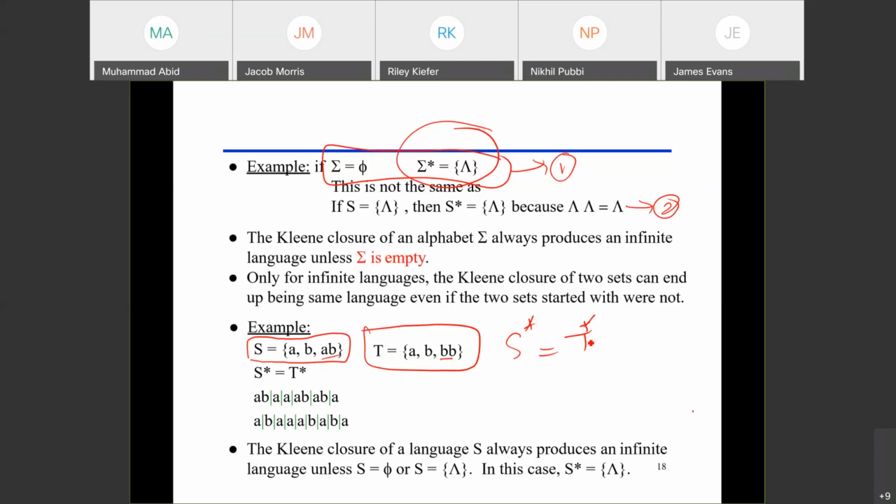S star is equal to T star. They both represent the same language. Now, how can we prove that? We are not saying that this will be the case every time. We are saying that this might be a case. Okay, so now you have this word here, ABAB.